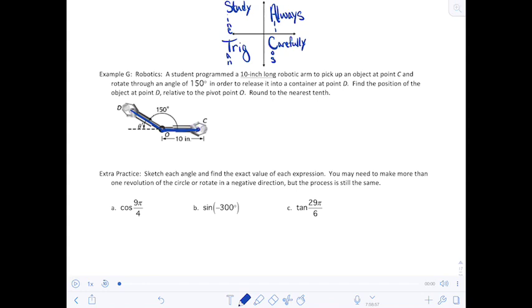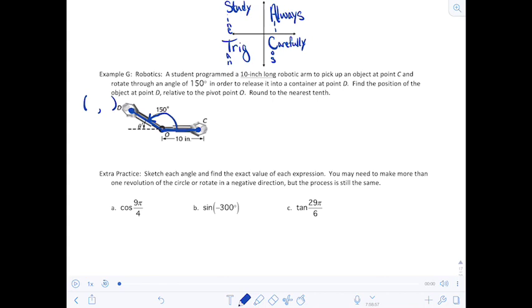It's going to pick up an object at point C, right here at the initial position, and rotate through an angle of 150 degrees. In order to release it into a container at point D, we need to find the position of the object at point D right up here relative to the pivot point 0. So in other words, I want to know the location, the ordered pair for that.